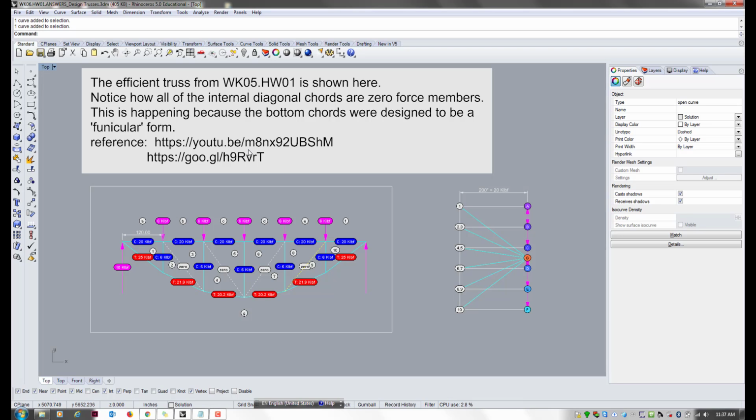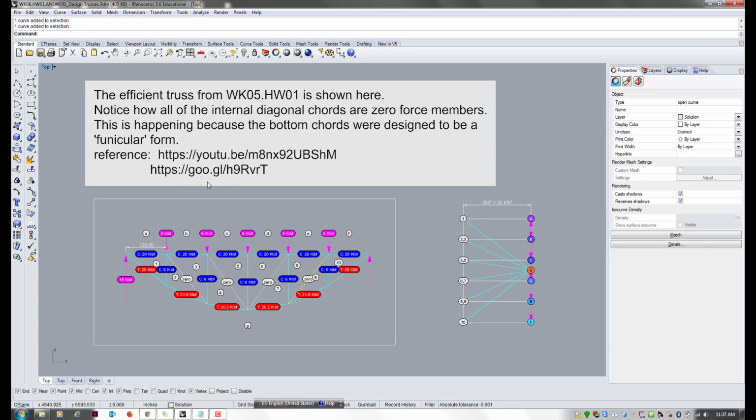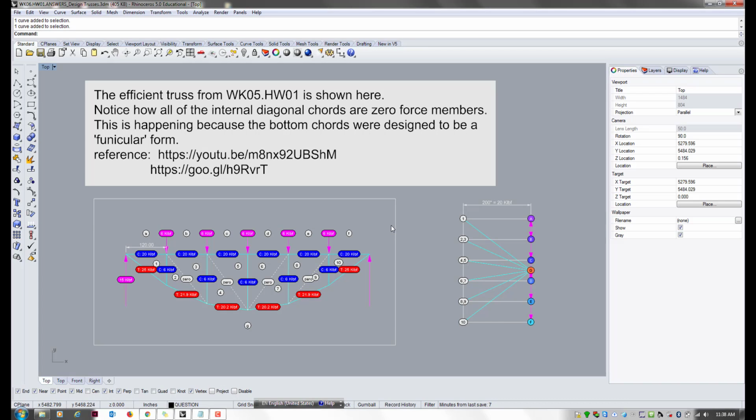So for an explanation of what the funicular form is, I posted a link here, actually 2 links. One is a video that talks about the funicular form, and the other is the article that explains it. So I recommend referring to these links.